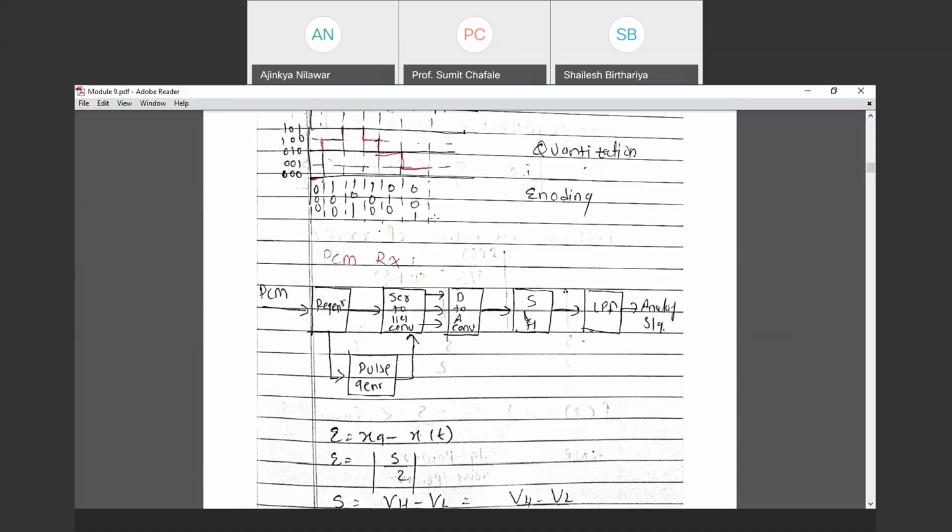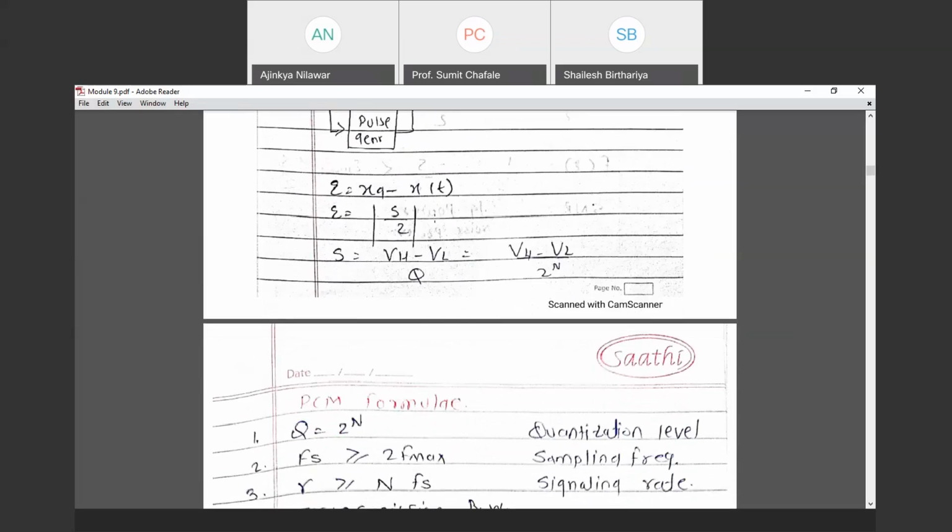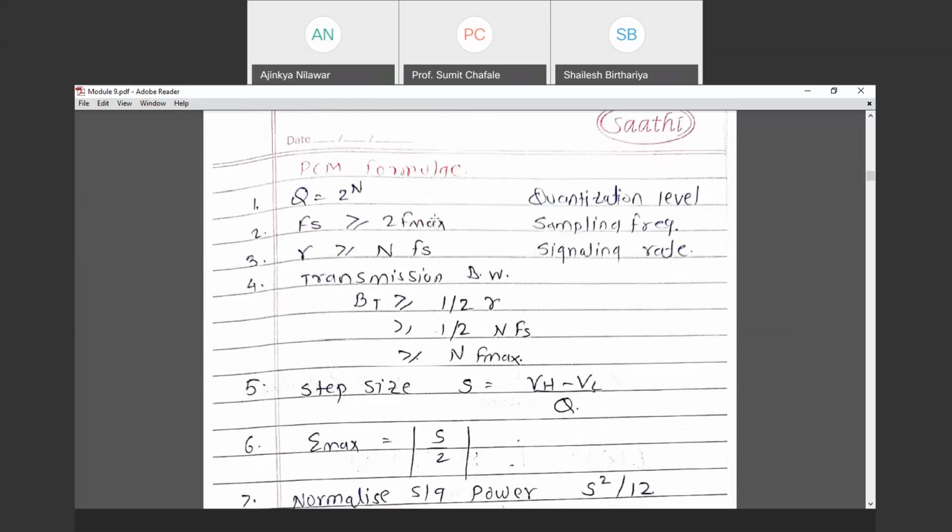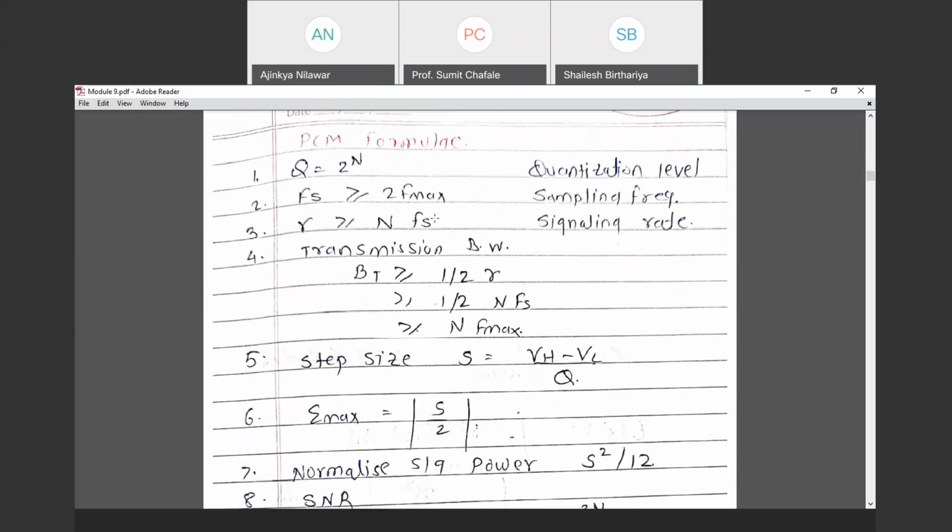Now, what are the different formulas we use as far as PCM is concerned? First is the quantization level: always Q equals 2 raised to n. Second is the sampling frequency: always greater than twice F max. Third, the signaling rate is defined as capital N multiplied by Fs, where Fs stands for the sampling frequency and N is the number of bits for the quantization level.